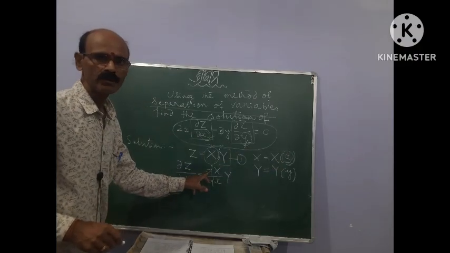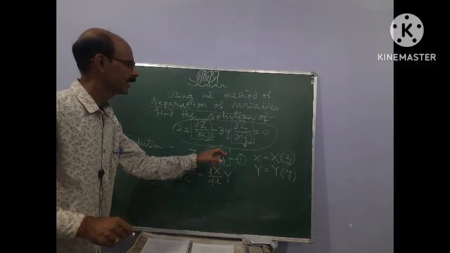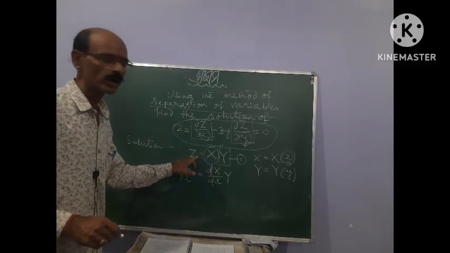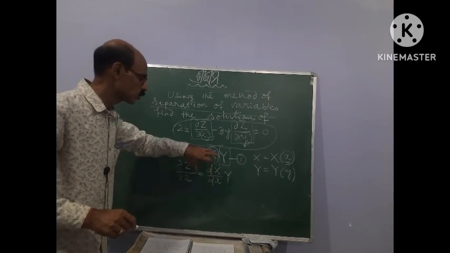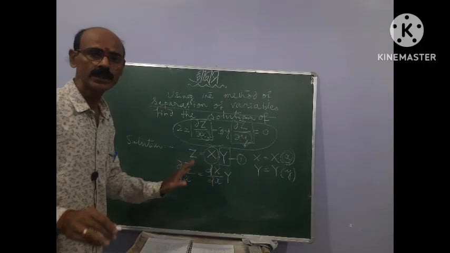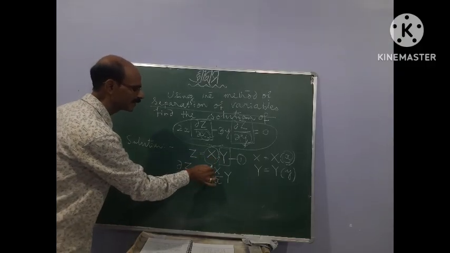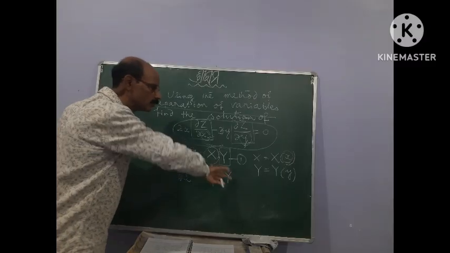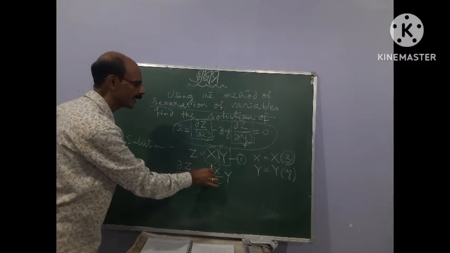We are writing the full derivative because here z is a function of x as well as y, so partial. But here X is solely dependent on x, therefore we can write the full derivative. We can write the partial derivative also, but since it depends only on the independent variable small x, we can write the full derivative.